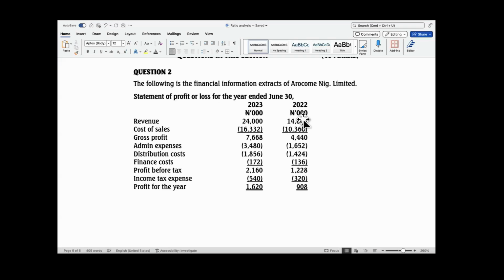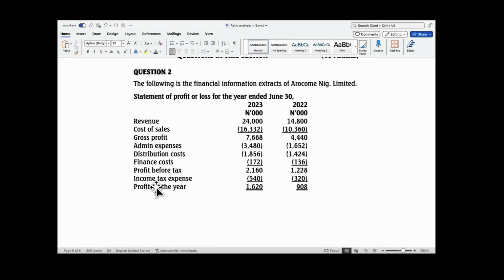If I do the calculation, if I do 24,000 minus 14.8, then I divide it by 14.8, that will give me the percentage increase in revenue. That means this company experienced a percentage increase of 62% from all their segments put together as far as revenue is concerned.